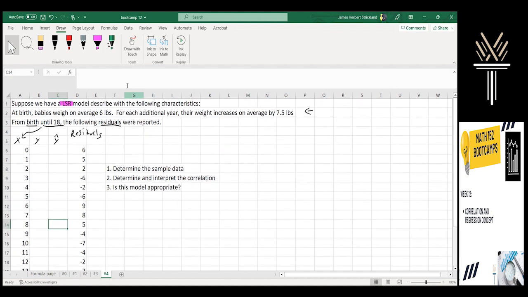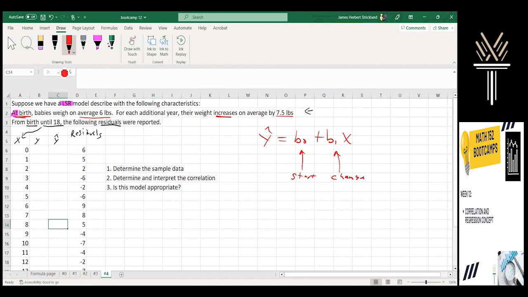Well, one thing we can do is take advantage of the second sentence. At birth, it starts at 6 pounds, and then it increases by 7.5 pounds. Remember our equation, y hat = b0 + b1 x, where this is the start and this is the change. So what's the start?